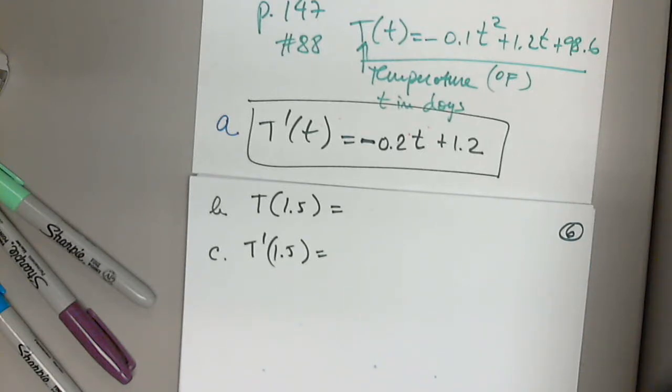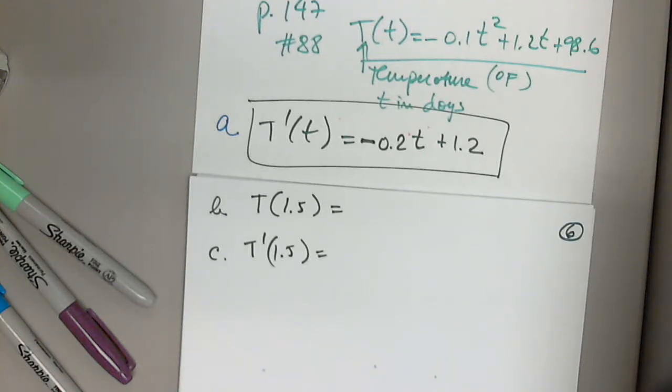So we have the first function, negative 0.1 t squared plus 1.2 t, or x because we don't have t, plus 98.6. And I'm also going to put in the second function, which is negative 0.2 t plus 1.2.